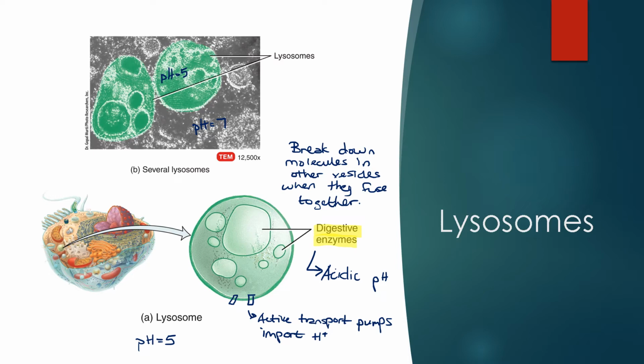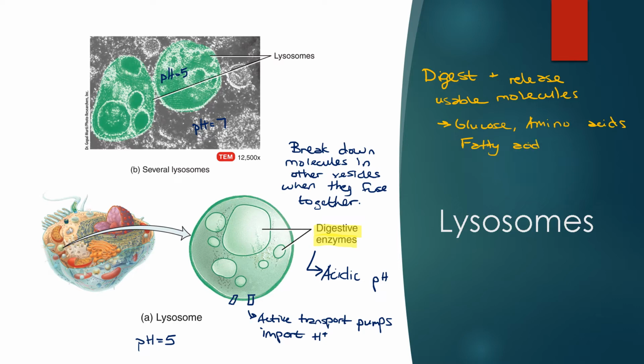And then the lysosomes are going to release the usable molecules back into the cytosol, things like glucose, amino acids, and fatty acids. These are all going to be broken down molecules that can be used by the cells for other things.